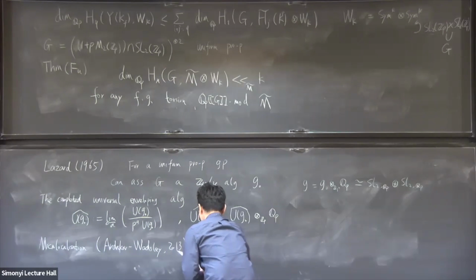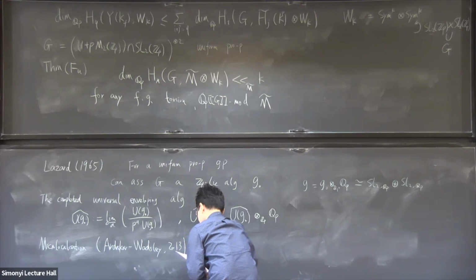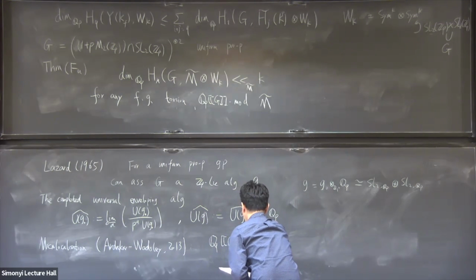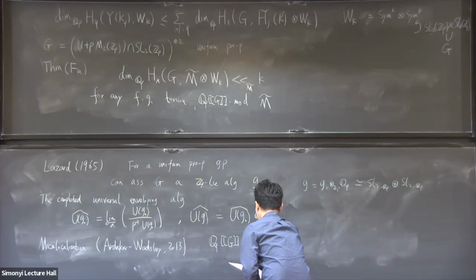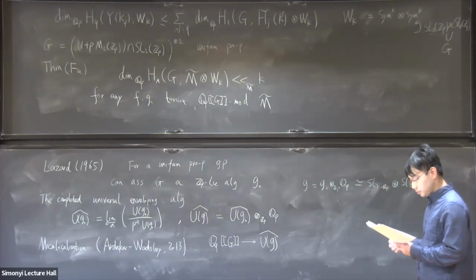They construct a map, which is a flat ring extension, from the Iwasawa algebra to this completed universal enveloping algebra.